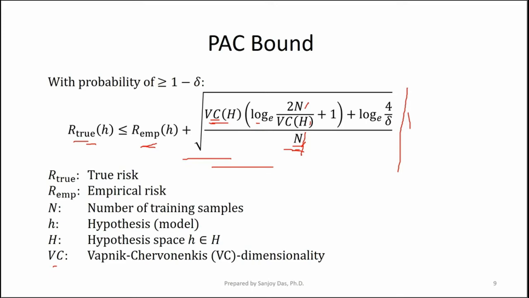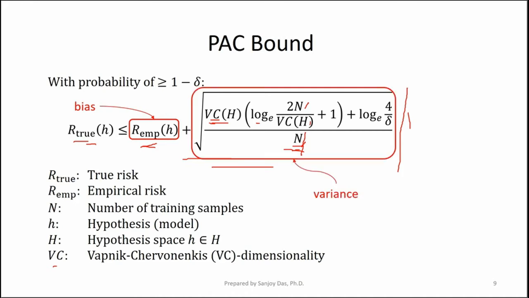I have not explained what the VC dimensionality is yet. And so this expression establishes an upper bound on the true risk in terms of the empirical risk and a second term, and this can be identified as bias. We are neglecting noise here, so this term is the bias and this term is the variance. So it's the bias variance dilemma in another flavor.